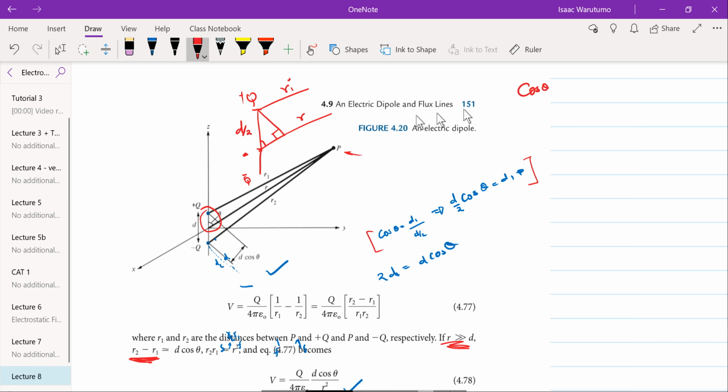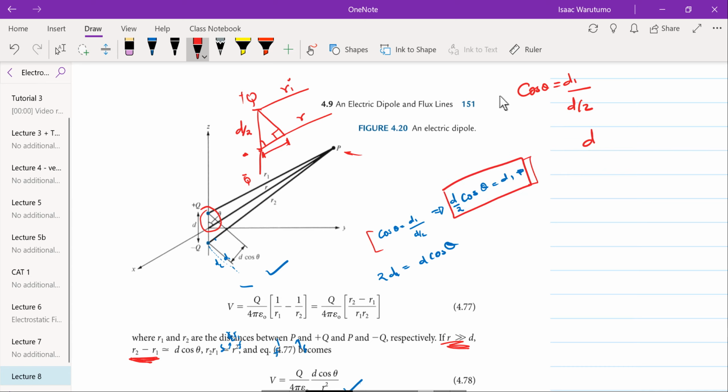Cos theta is this adjacent of this right angled triangle, and we can call it d1, and therefore cos theta is going to be the adjacent, which is d1, divided by the hypotenuse, which is d over 2, and therefore the length of d1 simply becomes this value.